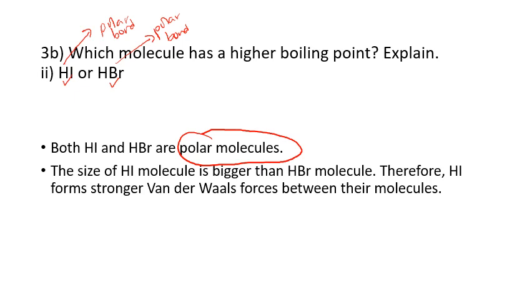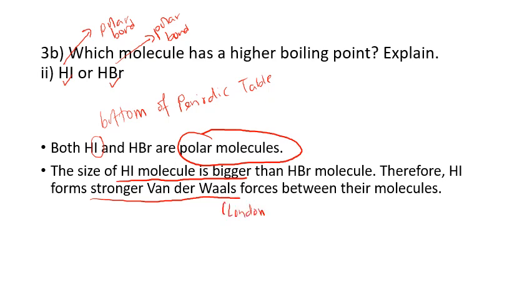When you look at here, iodine is at the bottom of the periodic table compared to bromine. Therefore, we know that the size of iodine is bigger. So the hydrogen iodide molecule is bigger, and therefore it will form stronger van der Waals forces. Because both are polar molecules, both have London forces and also dipole-dipole forces. So in this case, we can directly use van der Waals force.